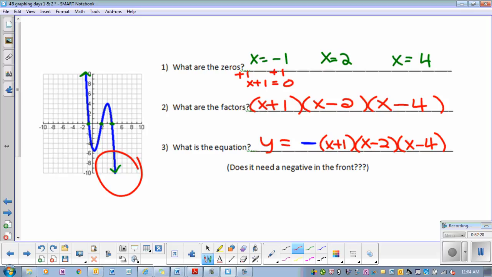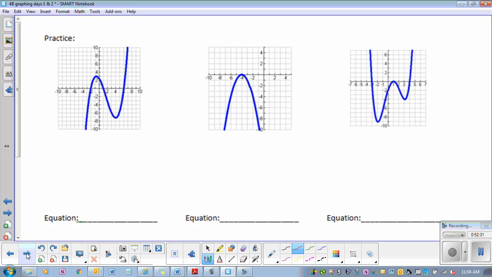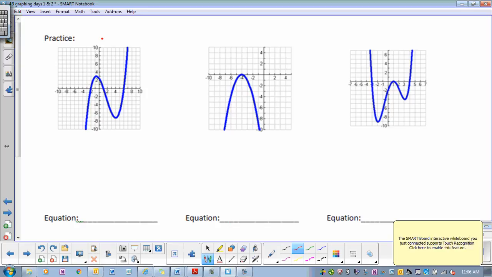All right. So let's try our practice. Okay. I want you guys to try the first one. All right, so with this one, I have some zeros. I have 3 zeros here.